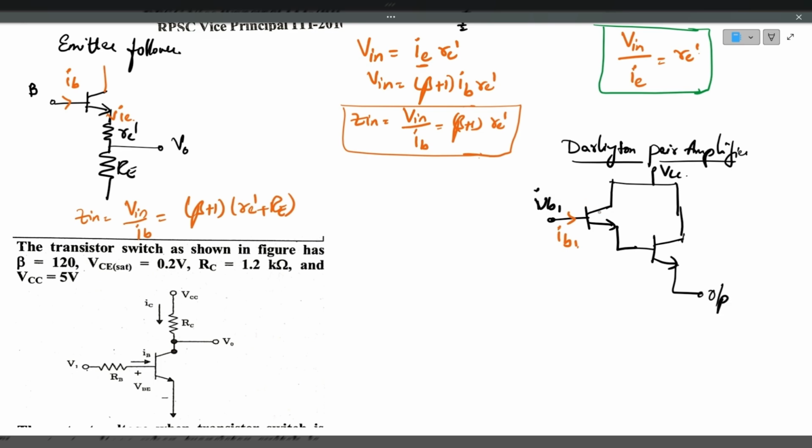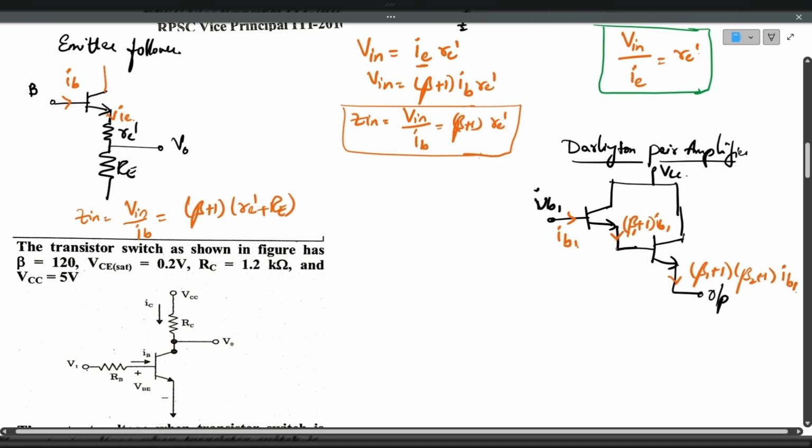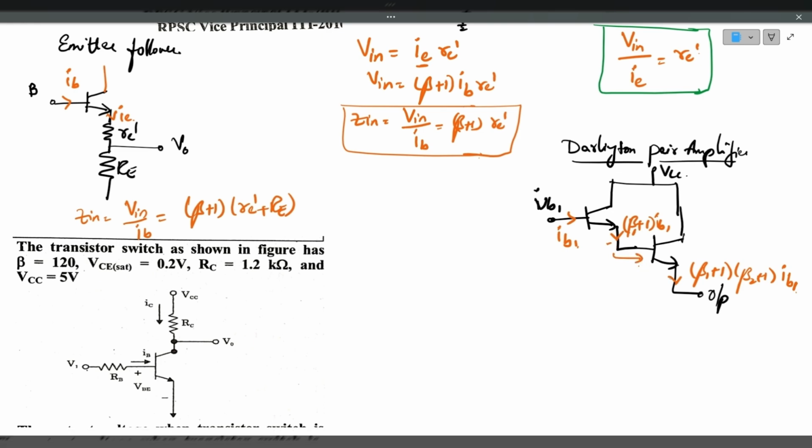Now if you apply the same model again, here the current will be (beta 1 plus 1) IB1. Here the current will be (beta 1 plus 1) into (beta 2 plus 1) into IB1. This is the emitter current 1, which is the input of the second transistor. Again it gets amplified.